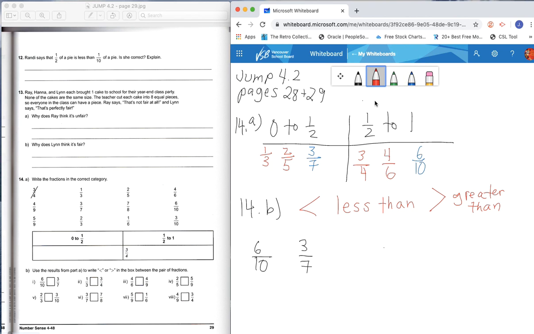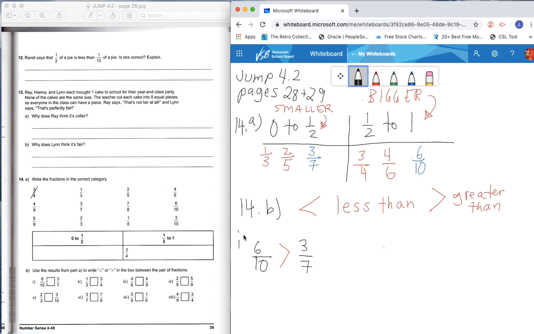So which one is bigger? You know this is the bigger column, okay? This is the bigger column, and this is the smaller one, okay? So 6/10 is in the bigger column, so that means it is greater than 3/7. So you're going to write it like that, okay?